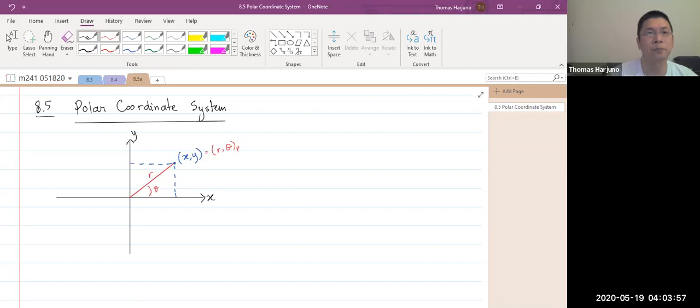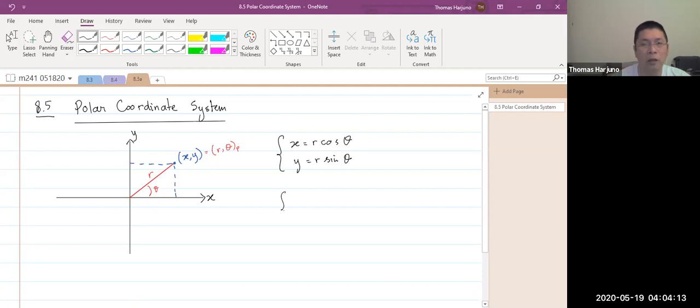Notice that x is equal to r cosine theta, and y is r sine theta. On the other hand, if I know x and y, then r equals the square root of x squared plus y squared.